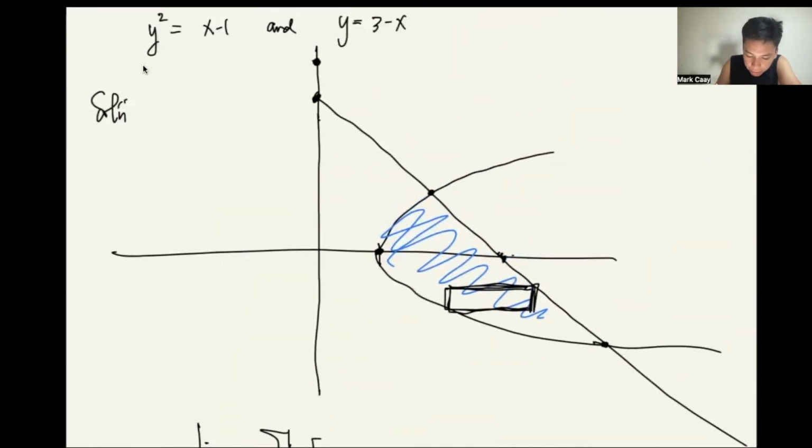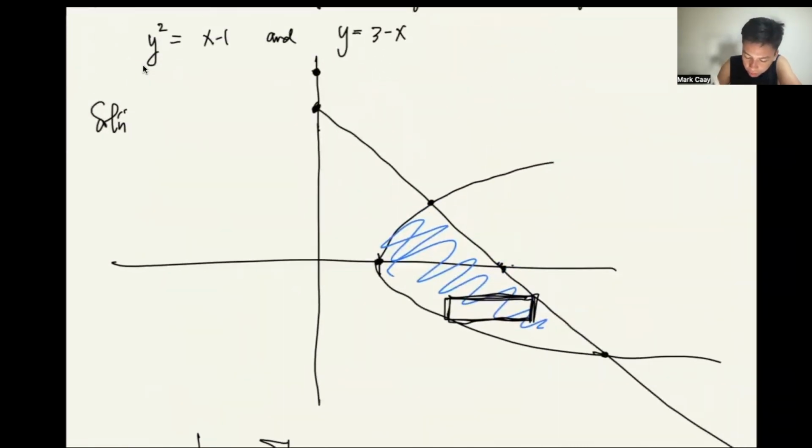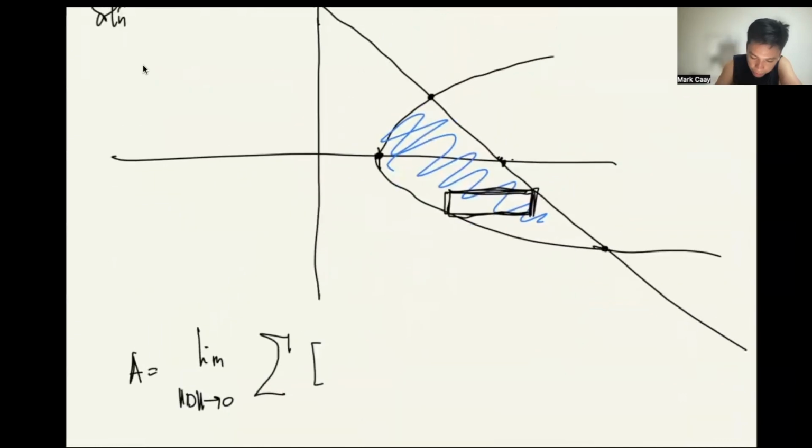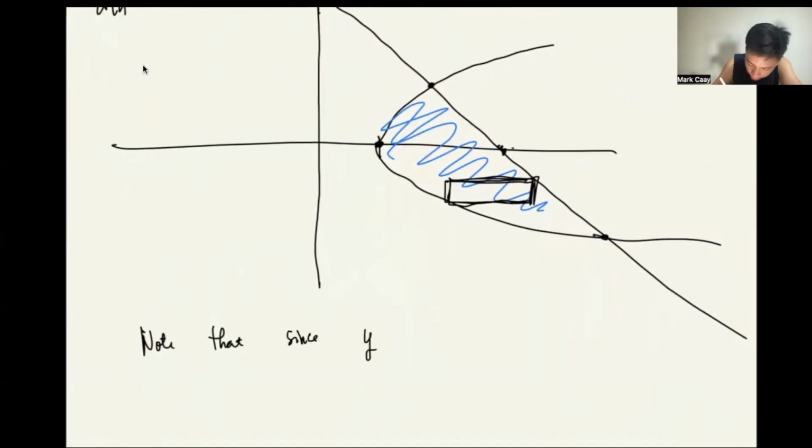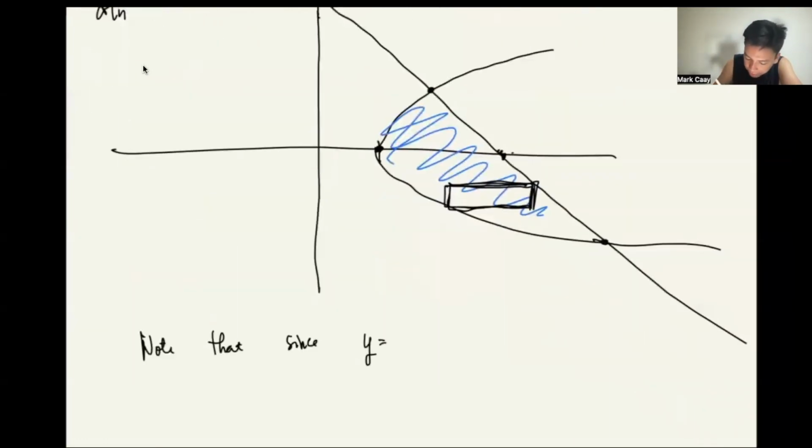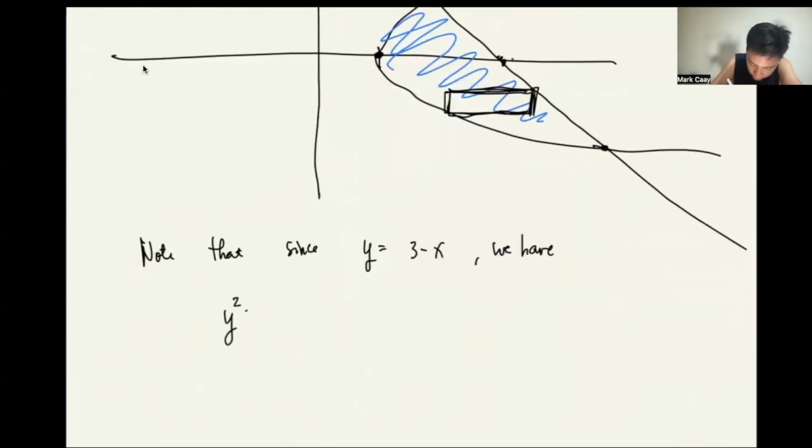So, remember our equation here is, so, delete ko muna to ha para formal. Okay, note that since y equals 3 minus x, we have, y squared equals x minus 1. So this implies 3 minus x squared equals x minus 1.